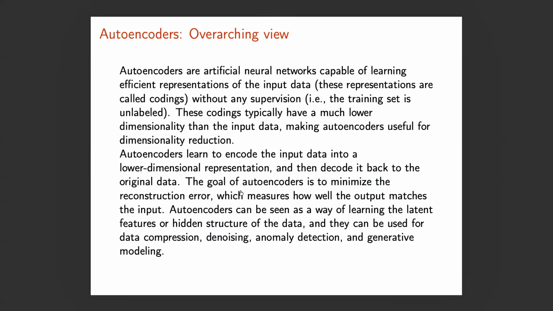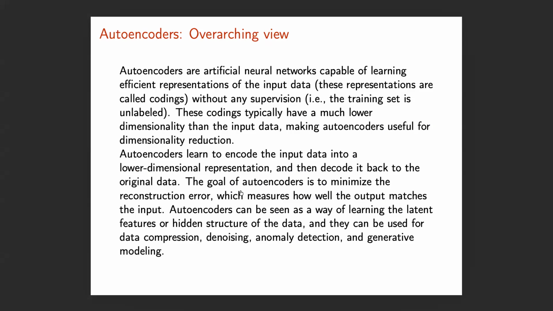So the way you can view it, I'm going to read a little bit from the slides. So it's a kind of repetition of what I said now. They are artificial neural networks. They are capable of learning what we call efficient representations of the input data. And these representations are called codings, and without any supervision. So that means that we can think of an autoencoder as an example of unsupervised learning.